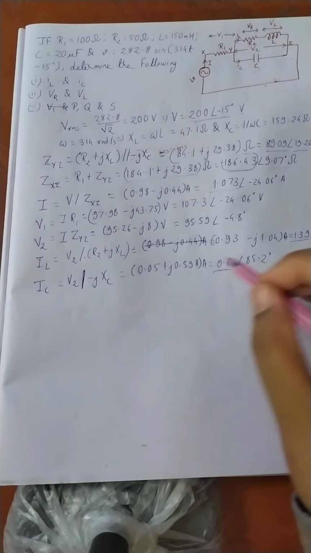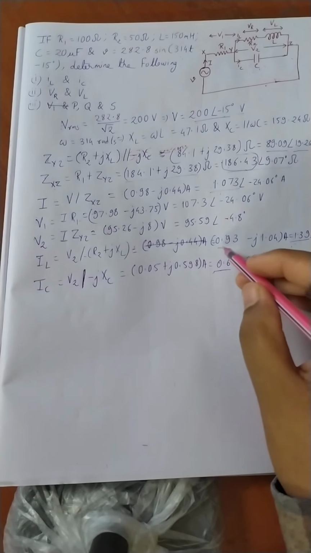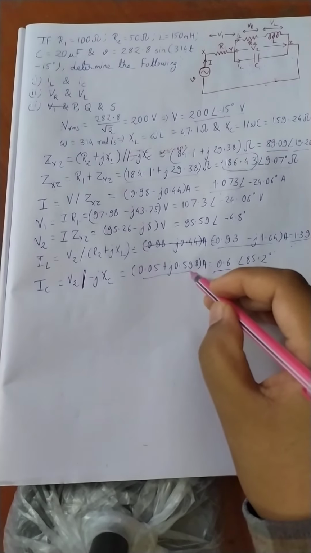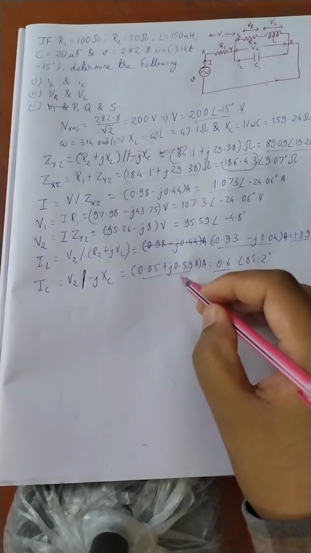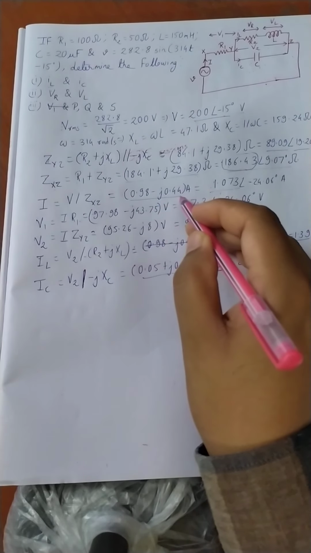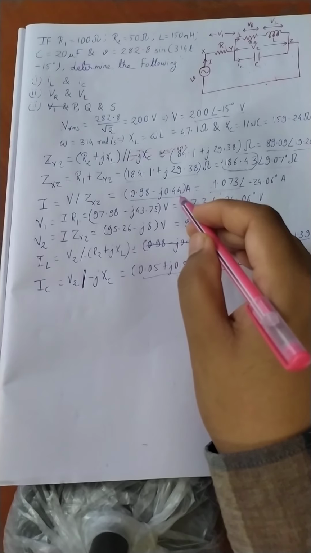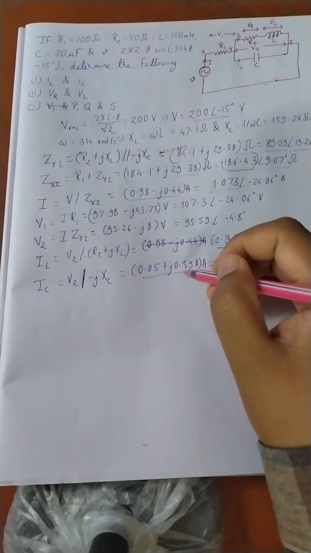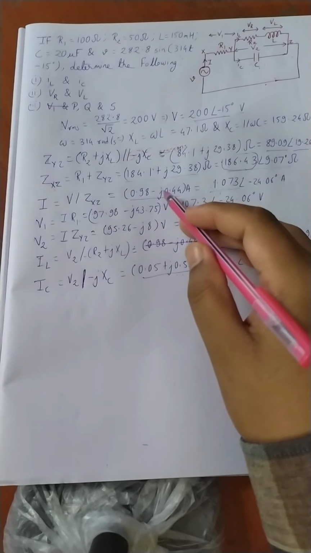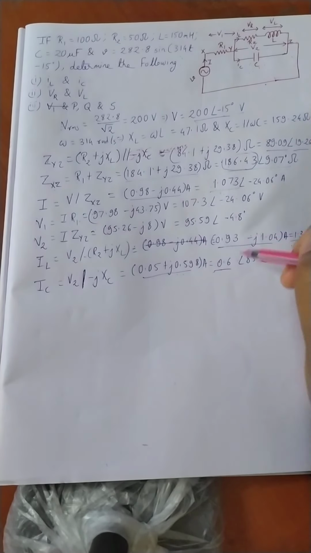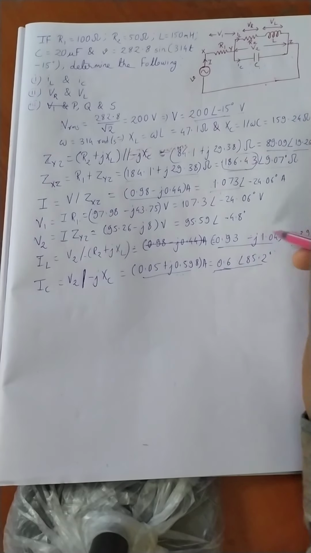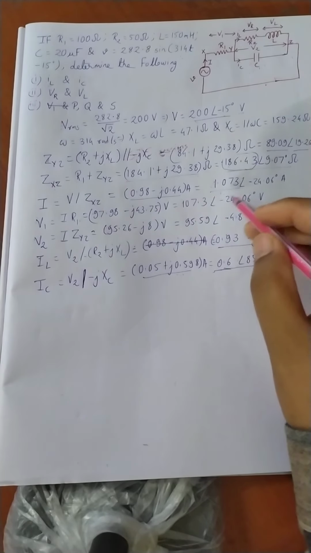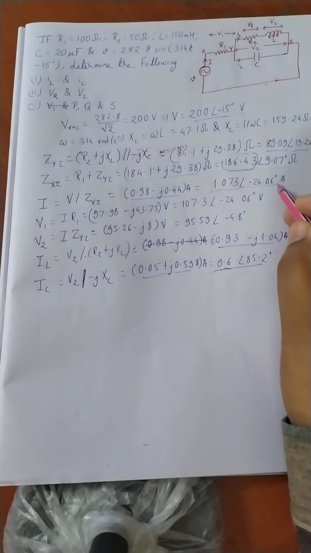So if you add this value and this value, it is obvious that you are going to get this value. If you trust me, you may try it out. Add this and this, you are going to get this. So this plus this will be this one, obeying KCL.